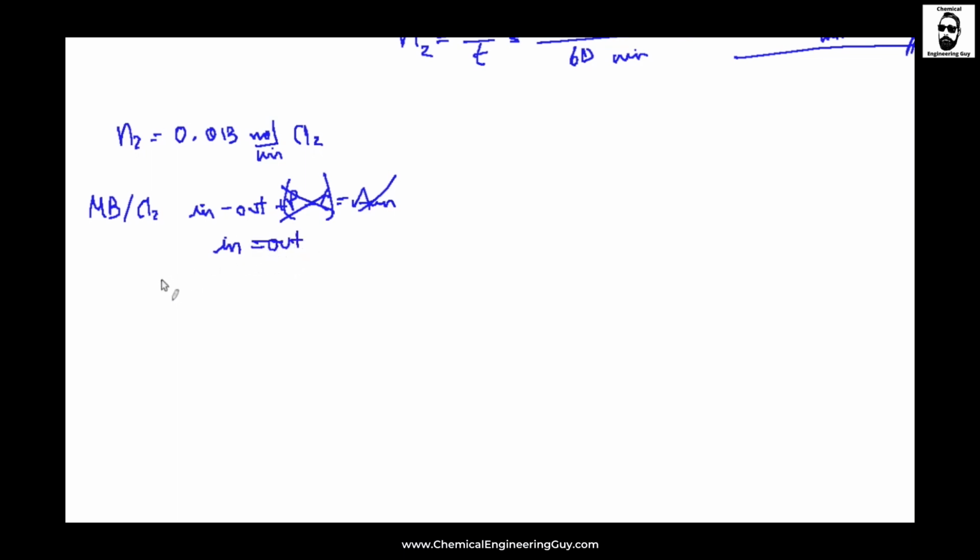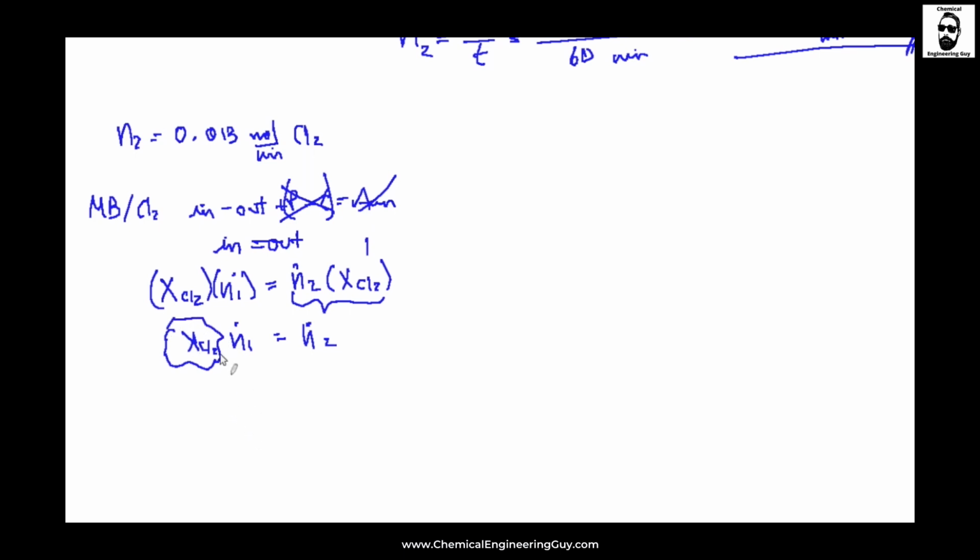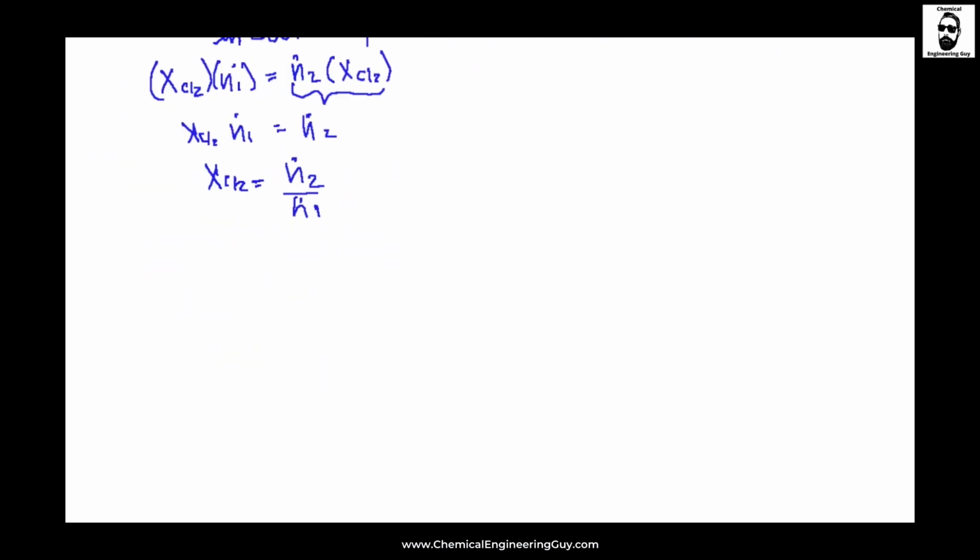So the inlet is essentially the mole fraction in the inlet, which is N1, and N2 times XCl2, which this is essentially 1, only 1. And this is what we want here. I think we're almost done. We have N1, no, and N2 we have it. So let us go find N1.